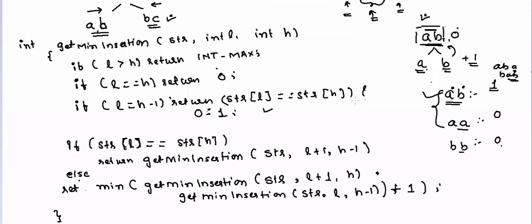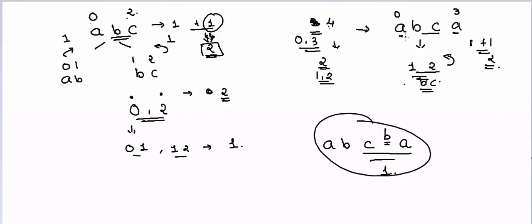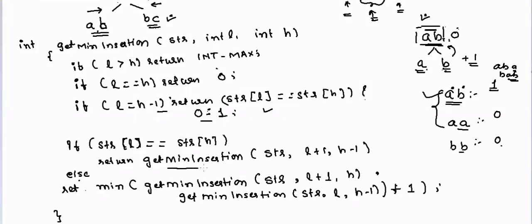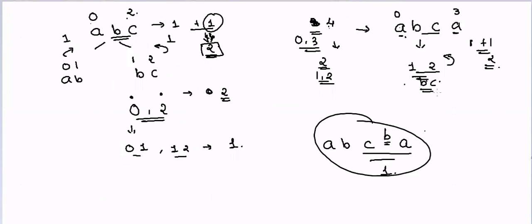B and C will go over here and it will return 1. It will return 1 to this condition where A and A are matching. That means we'll go over here, get the minimum insertion of L plus 1 and H minus 1. Over here, we are not adding plus 1, so plus 1 won't happen. It will just add 1. So the final answer will be 1. Out of it, it will return 1. That's why it's just one character over here, which we will insert to make this string a palindrome.